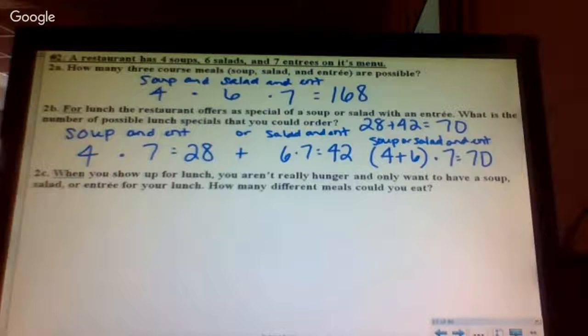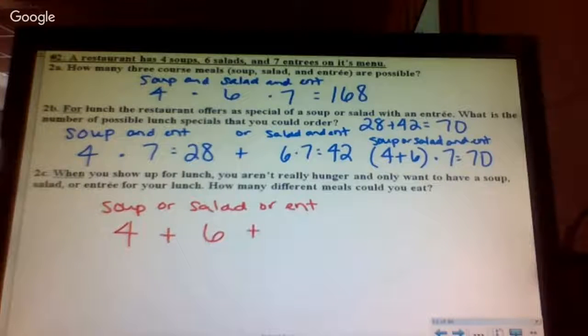When you show up for lunch, you aren't really hungry and you want to have a soup, salad, or entree. So I want soup or salad or entree. Again, what does this look like in numbers? 4 plus 6 plus 7.